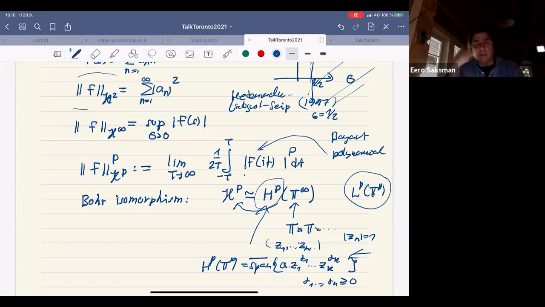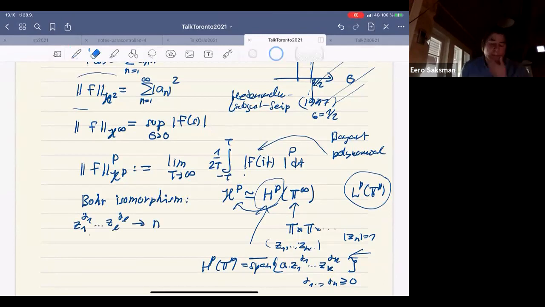Okay, and the Bohr isomorphism says that this kind of element z_1^{α_1} and so on, z_l^{α_l}, is mapped to one basis element of the Dirichlet series. So it goes to n^{-s}, where n is the prime p_1 to the power α_1, and so on, p_l to the power α_l.